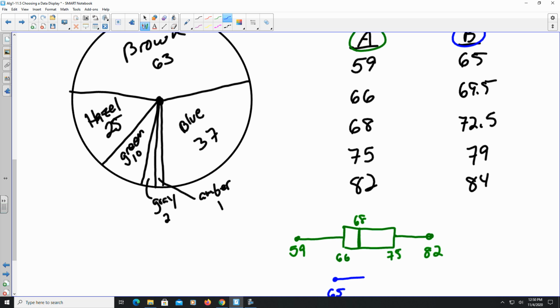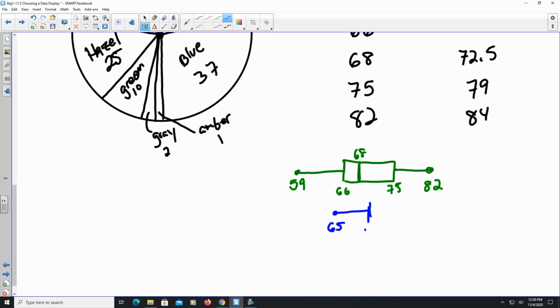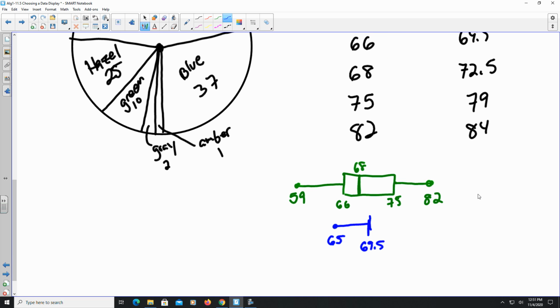The first quartile would be right about there, in conjunction with what I wrote before, 69.5. My median is 72.5, which is right about there. My third quartile is 79, and my largest value is 84.